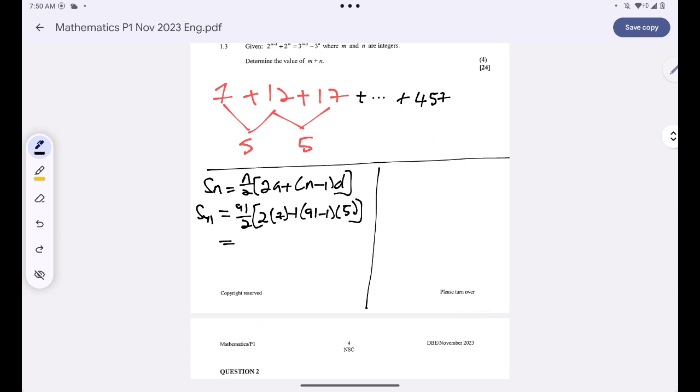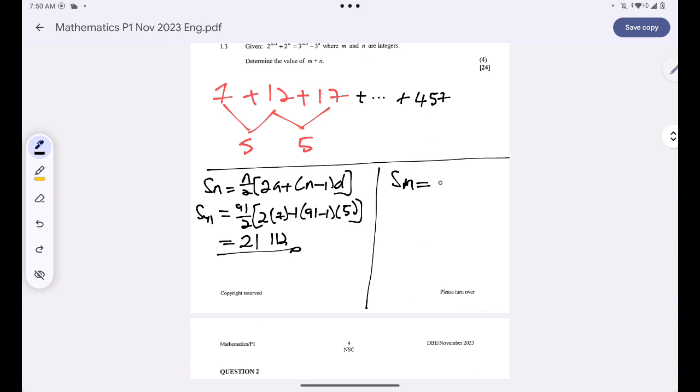Whenever I'm supposed to find the sum, the only 3 things I need are my first term, my common difference, as well as the number of terms. So this will give me 21,112.